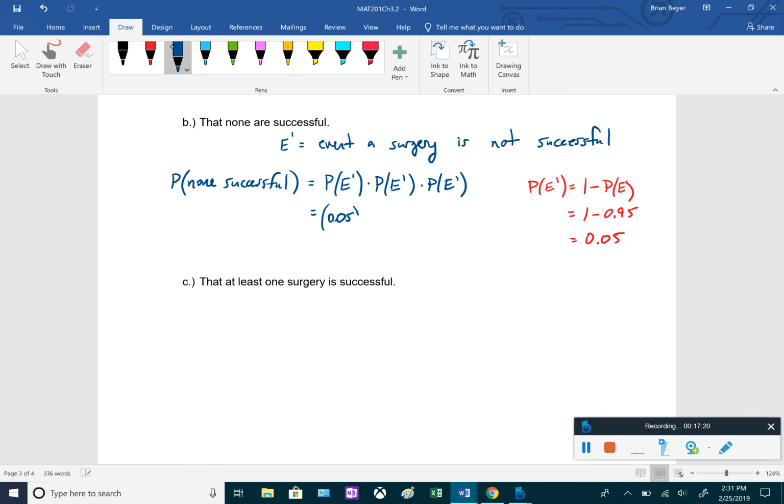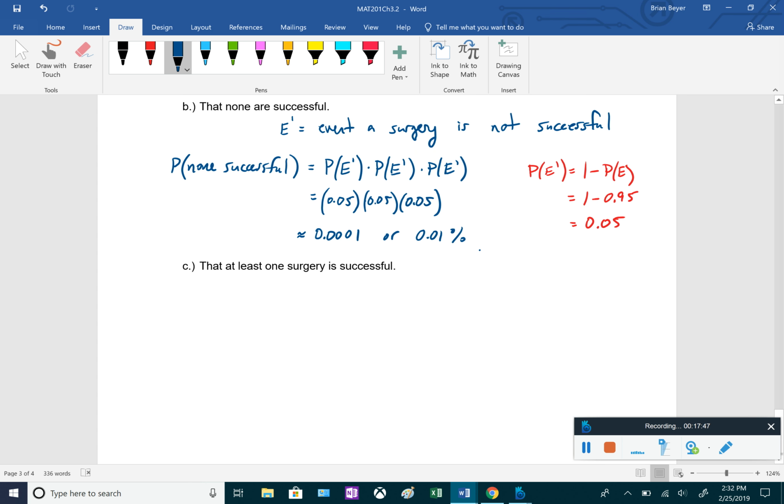That's going to be 0.05 times 0.05 times 0.05. We multiply all of those together and we get 0.0001, or 0.01%. So there's a 0.01% chance that all 3 of them would be unsuccessful, which should make sense that it was so low because the probability of 1 success was so high.